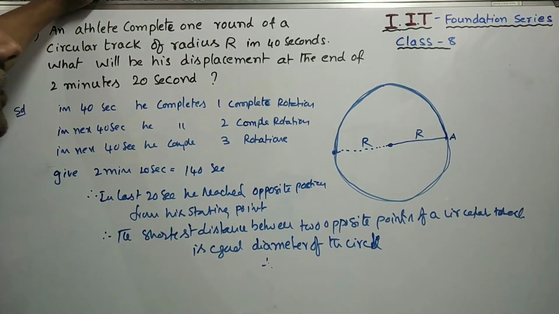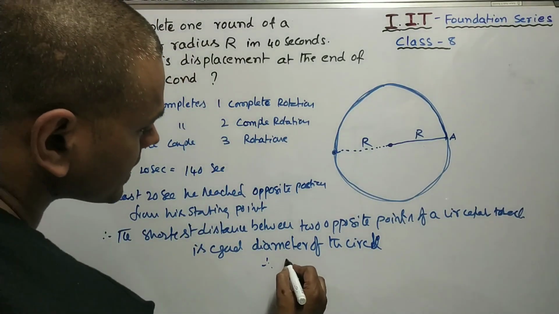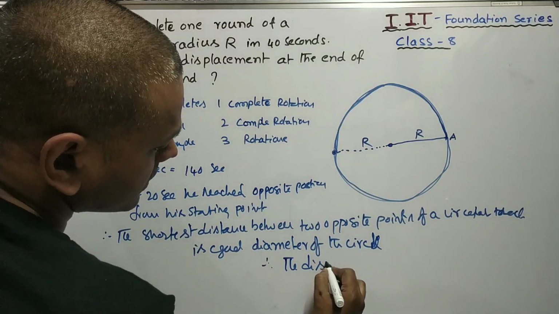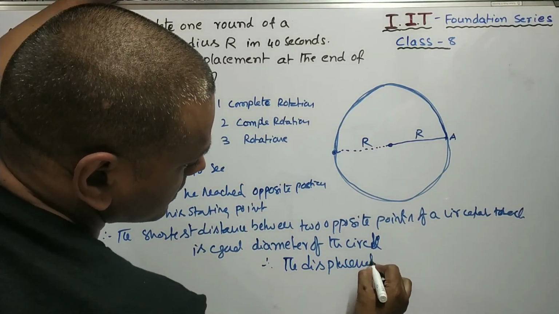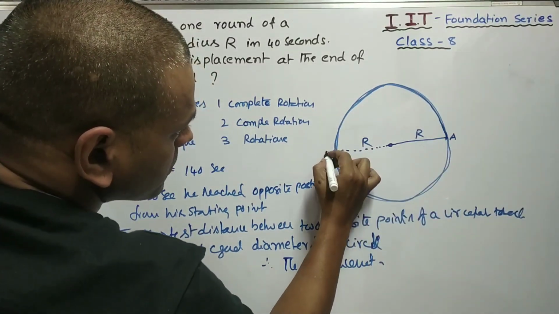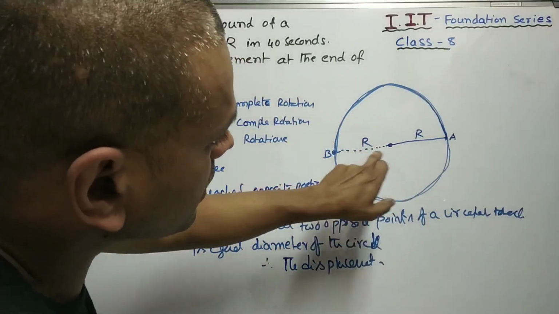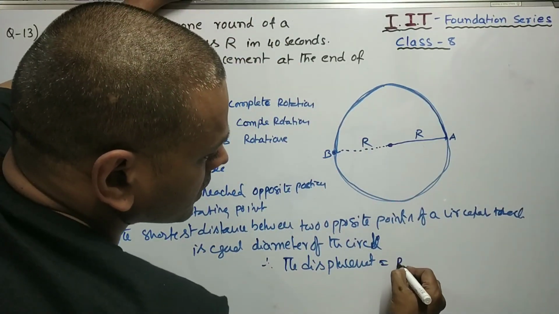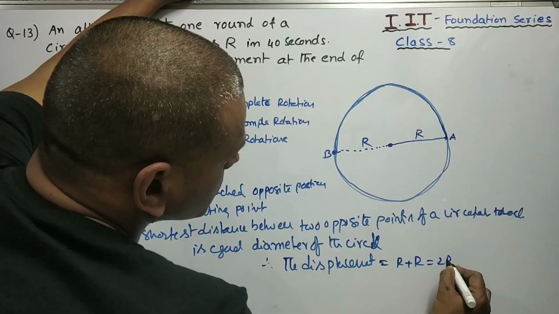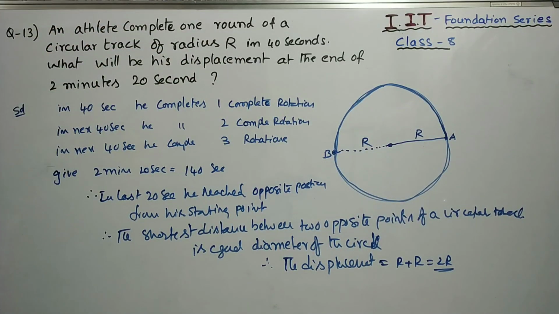Therefore, the displacement from A to the opposite point B. This is r, and this is r. So displacement is equal to r plus r, equal to 2r. So this is the answer for this question.